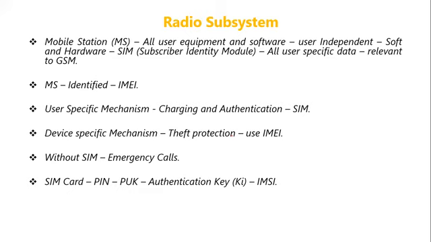We should also know that the mobile station can be integrated into your car. So nowadays you might have seen cars which have integrated some mobile oriented system, especially for route management, so that is nothing but a mobile station integrated into the car, and they are using GPS location services for traveling.